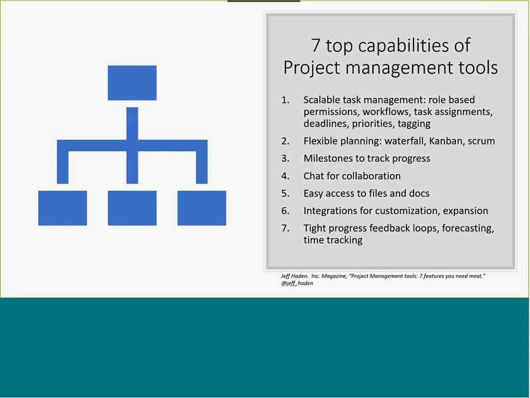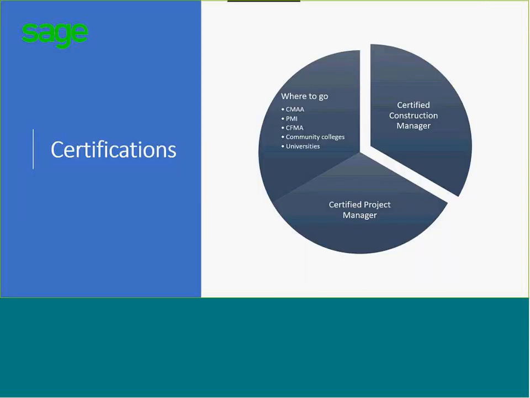Having a project management tool that's scalable: task management, role-based, flexible planning, milestones to track progress, chat for collaboration so you can get off email and have something that has a record you can double check and it's shared, and then access to files and docs and the rest. It's good for starting to think about what your criteria are for tools.